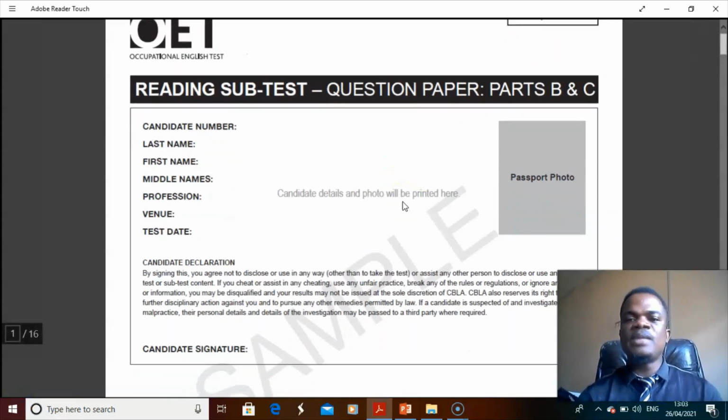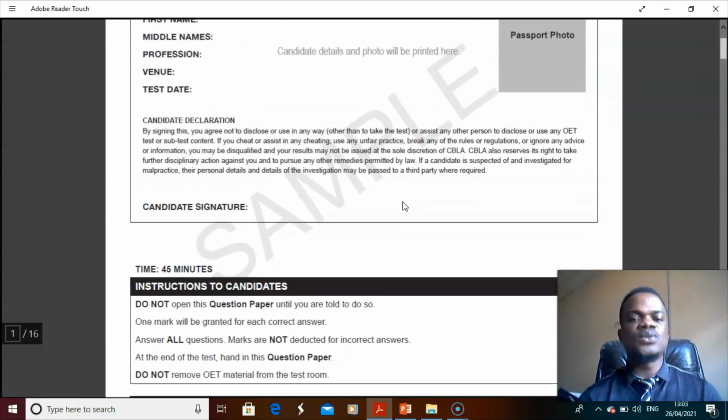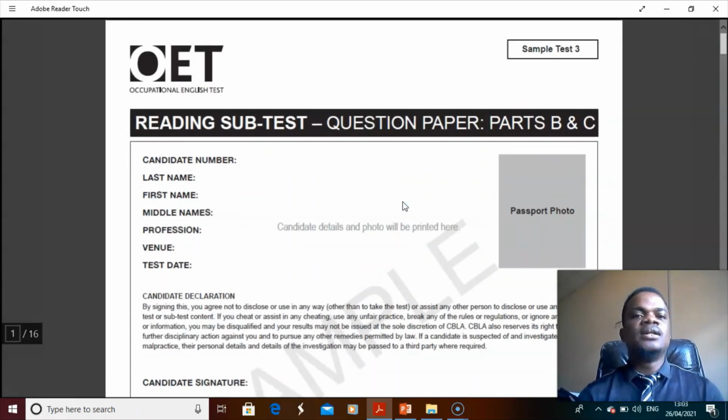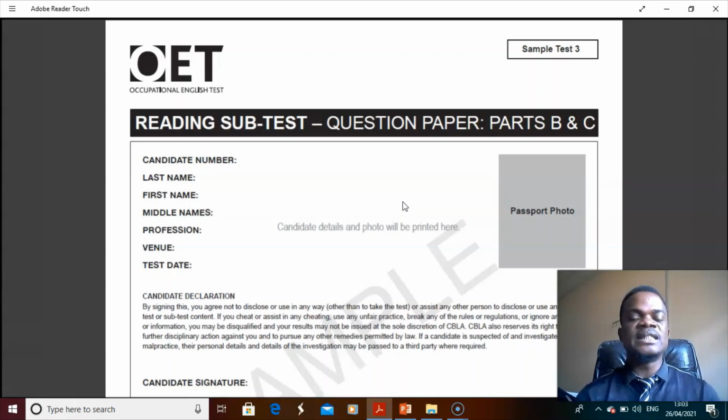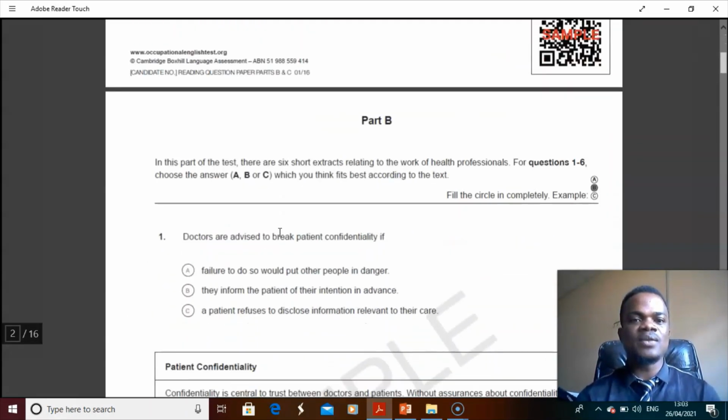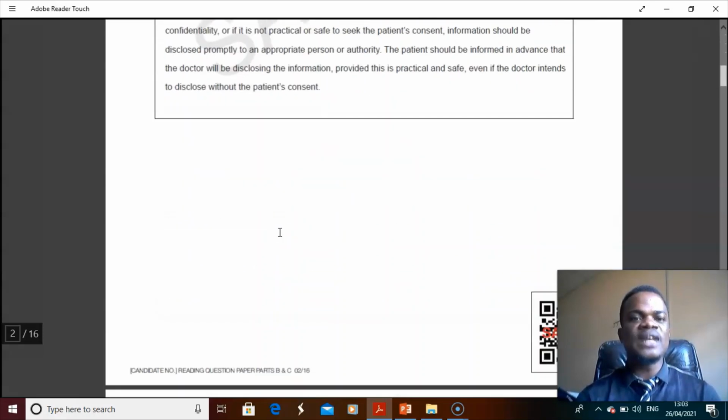Immediately at the end of the 15 minutes to answer the 20 questions in Part A, the booklets are collected from you, and you will be given the second part of the reading test, which will be Part B and Part C. They will be in one booklet, and you are going to tick your answers in this answer booklet, because here you are not filling in anything.